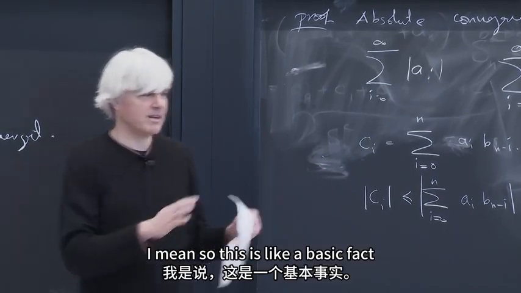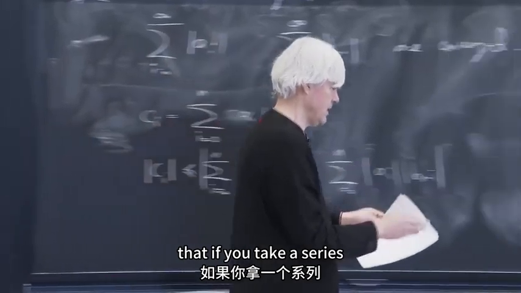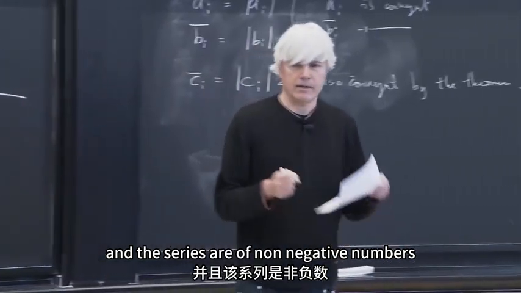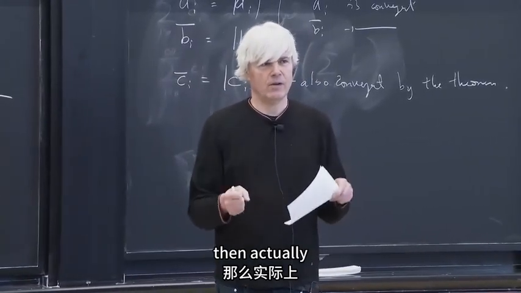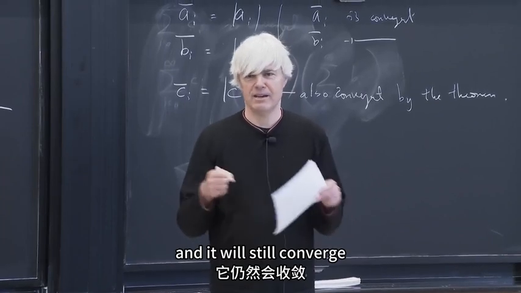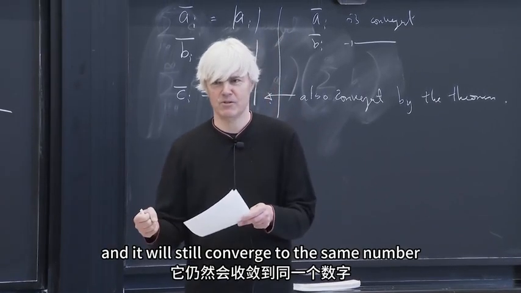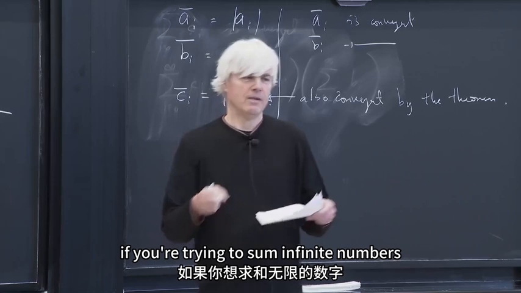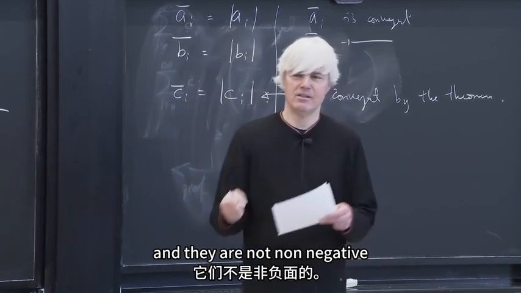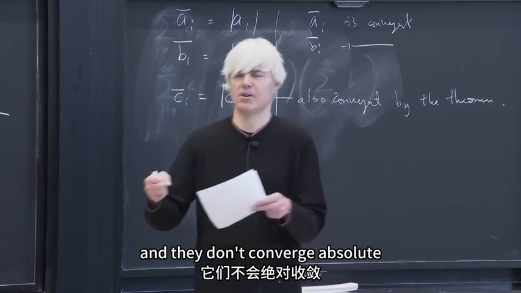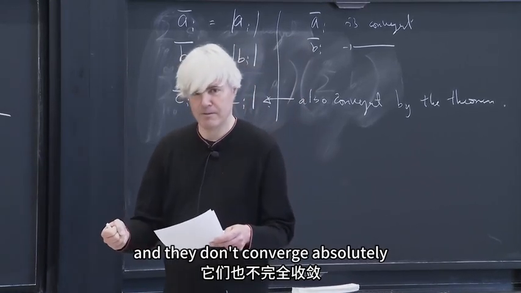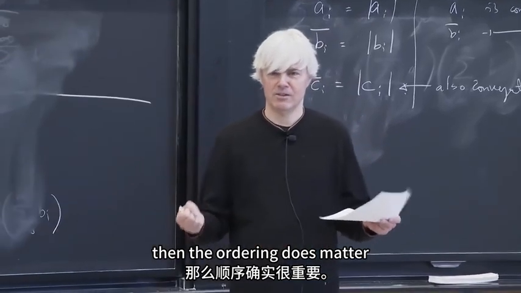So this is a basic fact: if you take a series of non-negative numbers and it's converging, then you can rearrange the ordering and it will still converge to the same number. If you're trying to sum infinite numbers and they are not non-negative and they don't converge absolutely, then the ordering does matter.